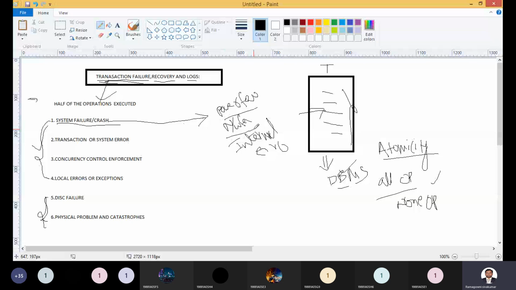The second failure is the transaction or system error. While you are performing an operation, something may be divided by zero, and that may cause a transaction or system error.